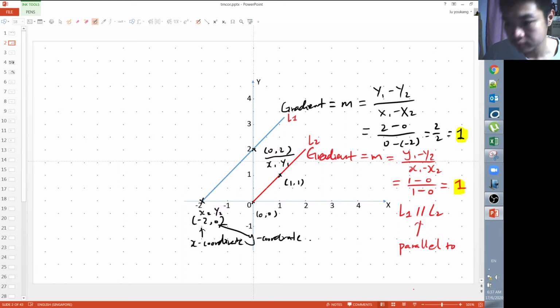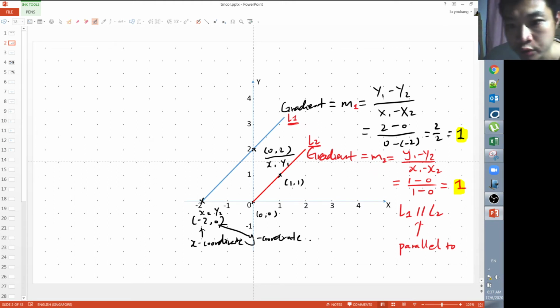So what I'm trying to say here is, if line 1 is parallel to your line 2, and in this case they are parallel, therefore they have the same gradient. Let me call this my gradient m1, this is my gradient m2, just to differentiate the two.